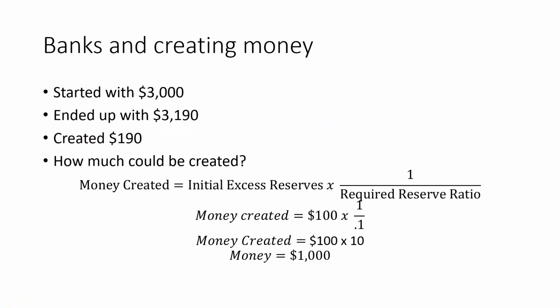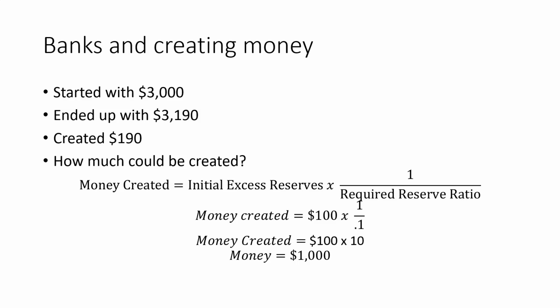But that $190 is not all that can be created because there's still excess reserves in Bank C. So if we wanted to figure out how much money could be created, we use the money multiplier equation. This is very much like the multiplier we talked about before.